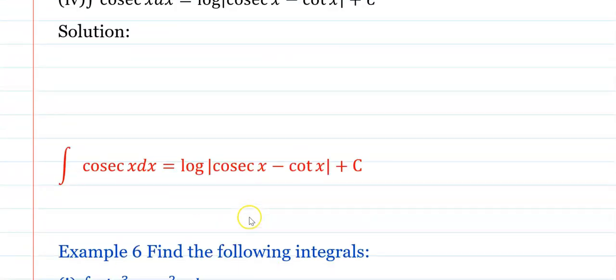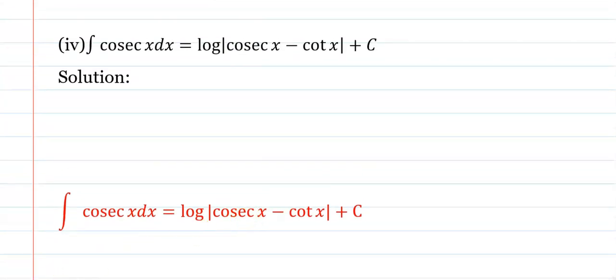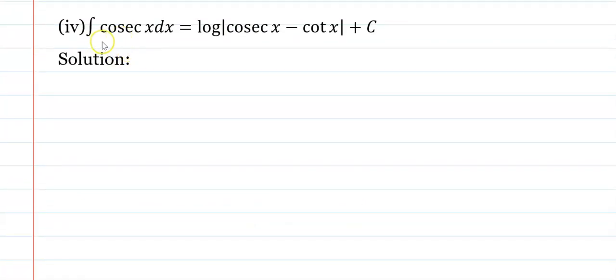Now next, again the integral of cosec x dx is equal to log of mod of cosec x minus cot x. Again my question is which is the function whose derivative is cosec x?